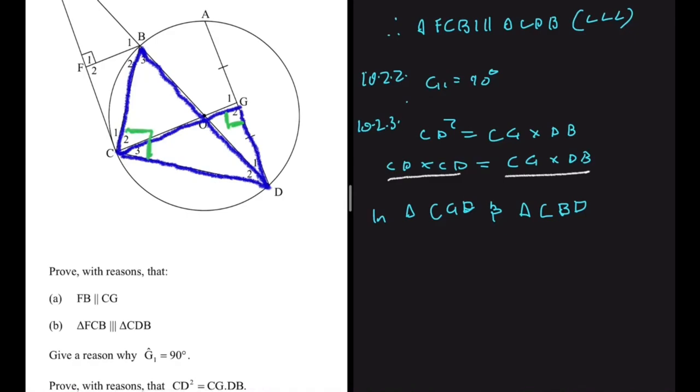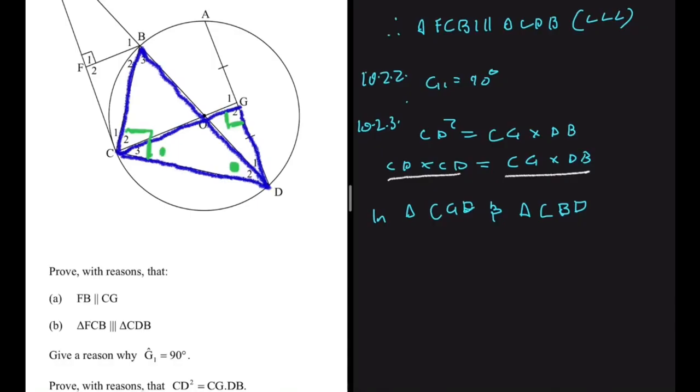Now we just need to prove that two other angles are equal to each other and the two triangles will be similar. We can now attempt to prove that this angle D2 here is equal to this angle C3, right? D2 is in triangle CBD and C3 is in triangle CDG.